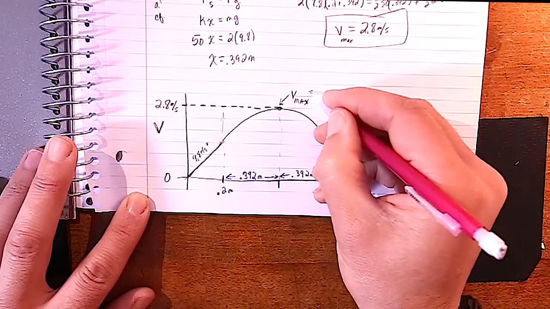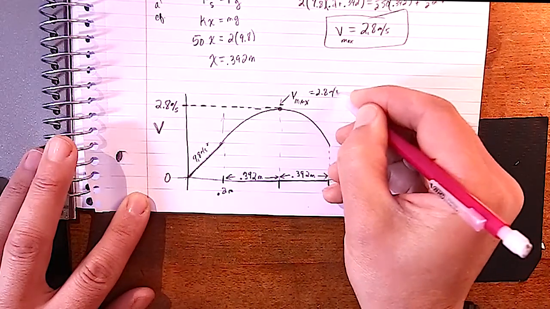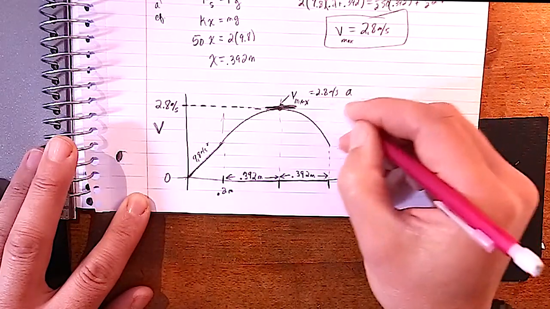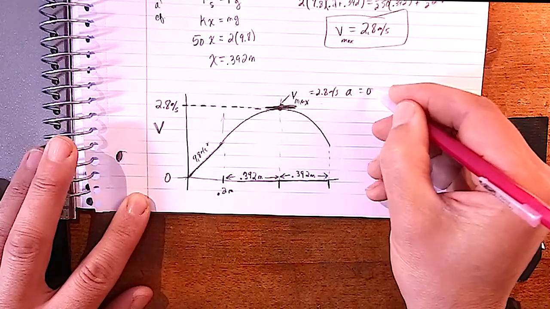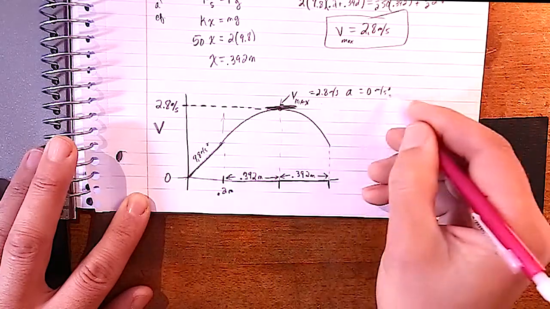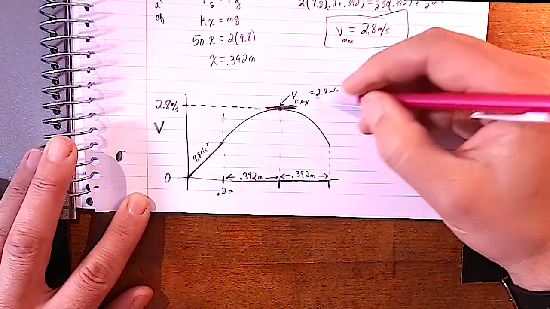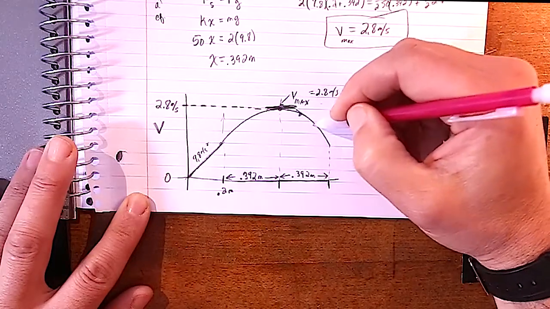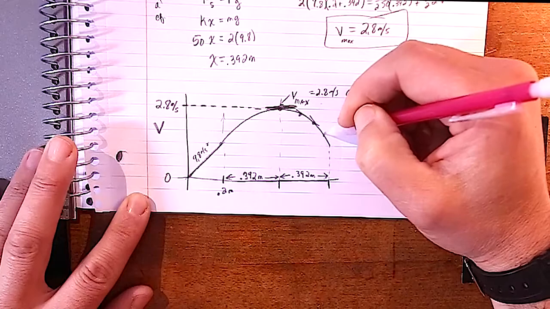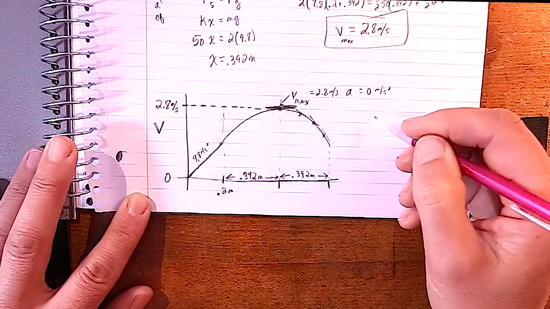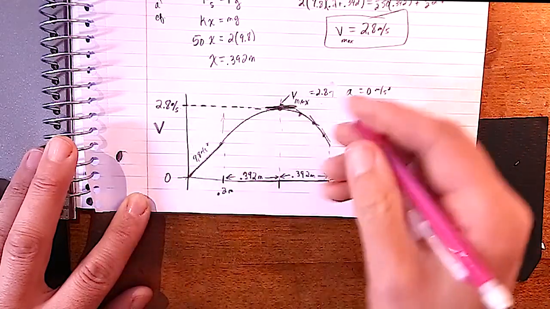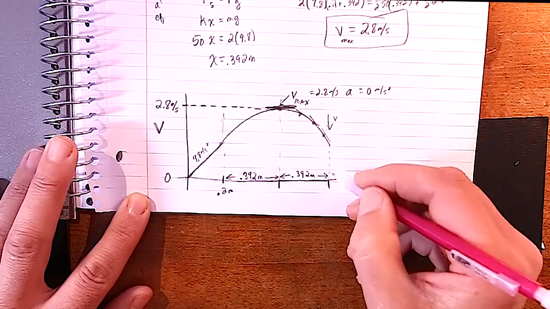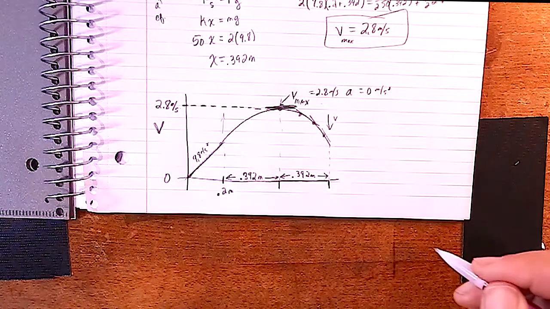Its maximum velocity is 2.8 meters per second, but the slope of this line is 0. So the maximum velocity occurs when the acceleration is 0. And this concept is going to come up again and again. And then what happens? The slope becomes negative, meaning the acceleration is in the opposite direction, and the velocity is decreasing until it gets back to the original point.